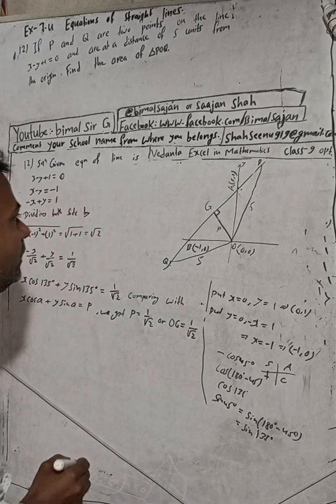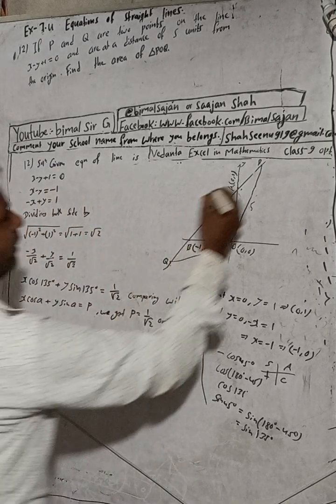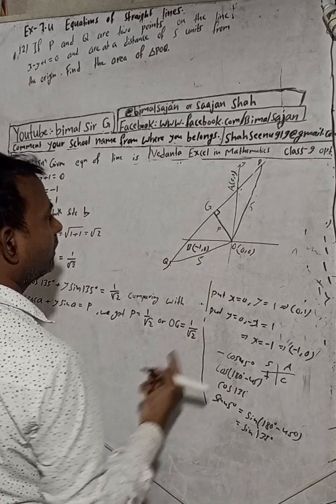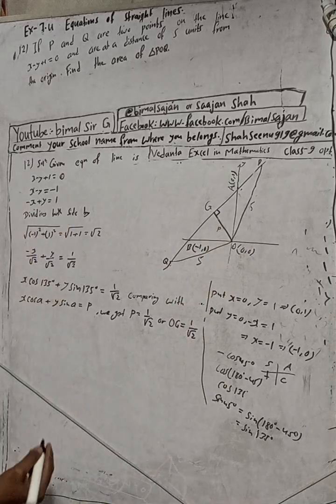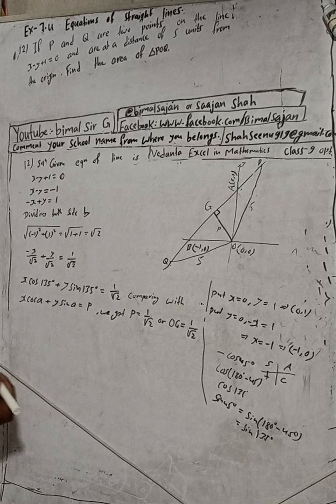Here are A and B, and C or G. OG is equal to this much. I got the P value, the OG value.